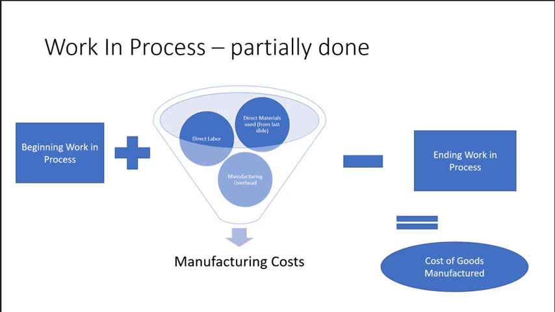Add those three manufacturing costs, then subtract out the ending work in process to get our cost of goods manufactured. All right, so you can't do this one until you've done the one to get direct materials used. Once you've done that, you've got your cost of goods manufactured. That includes all the three costs: direct labor, materials, and overhead.